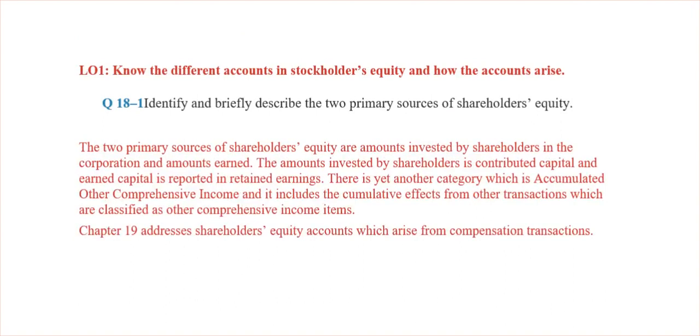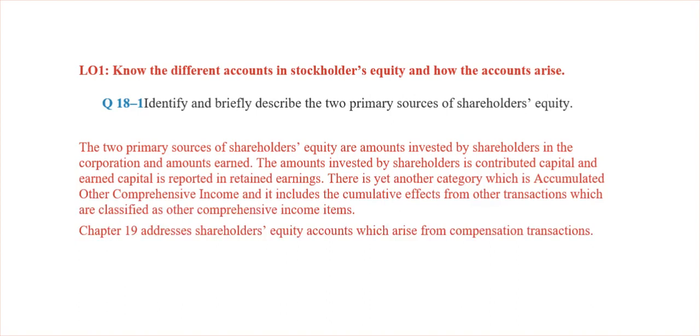So learning objective 1 was knowing the different accounts in stockholders' equity and how they arise. As mentioned previously, we have two primary ways of defining equity. We would say that that's the contributed capital, which is the investment by shareholders in the corporation, and then the earned amounts, and that would be reported in retained earnings, also called earned capital.